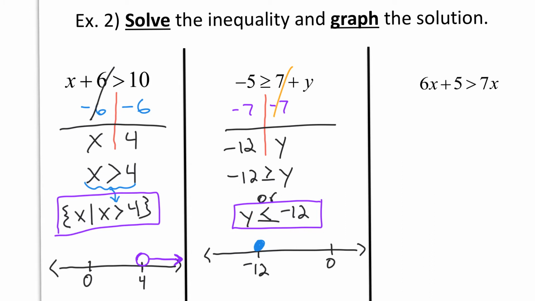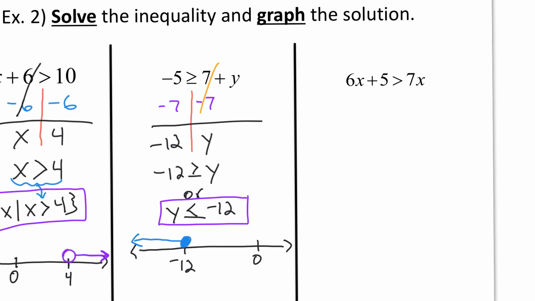The arrowhead, the inequality is pointing to the variable. So you guys are going to make an arrow going to the left. So that means that all those numbers on the left side of the negative 12, negative 13, negative 14, negative 15, negative 20, all those numbers are less than negative 12. Or equal to, well, this number is included. The negative 12 is included because it's equal to negative 12.